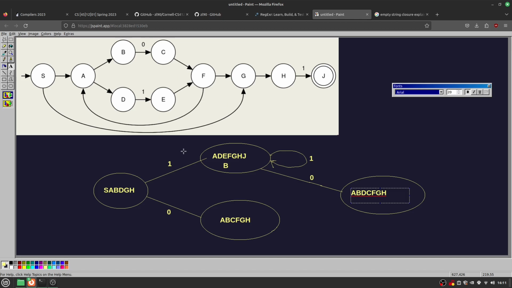And it looks like it. So with 0 we can never get to J by the looks of it. If we have 0 we cannot get to J.